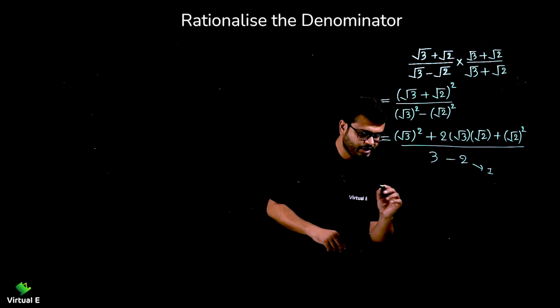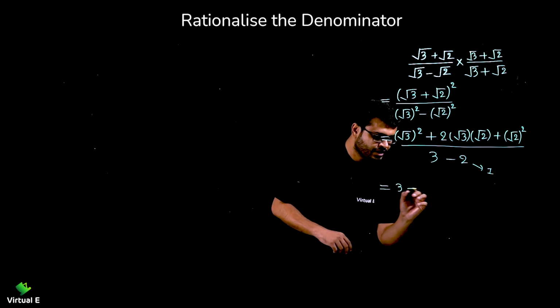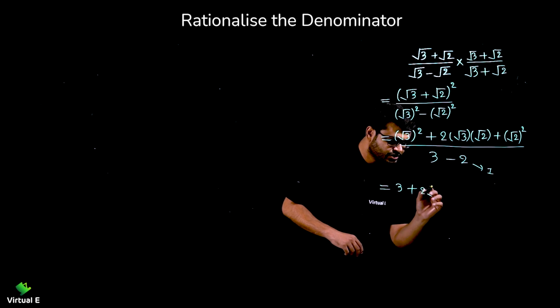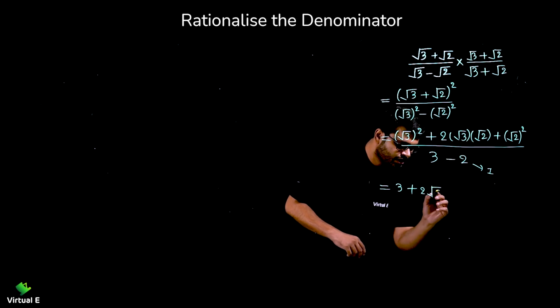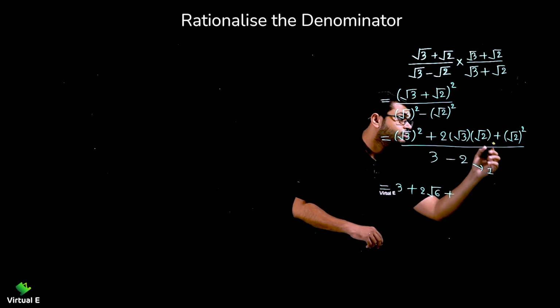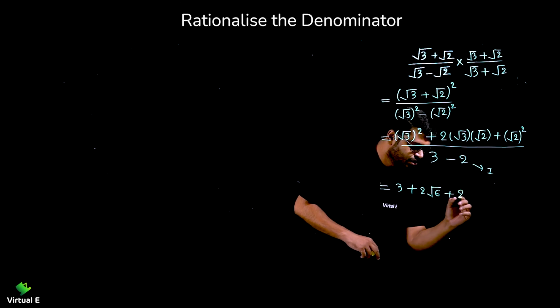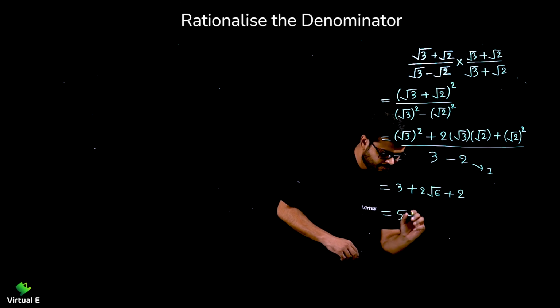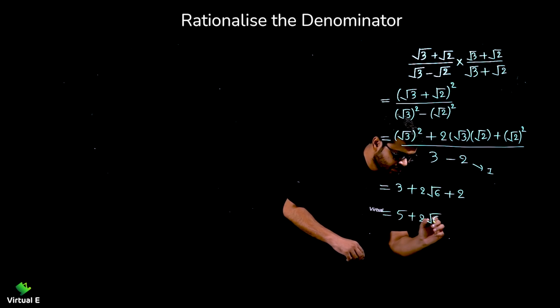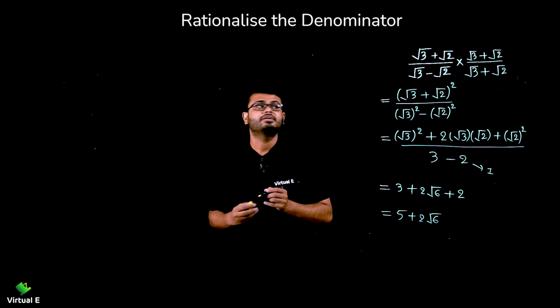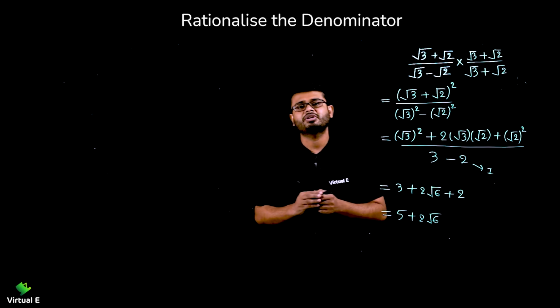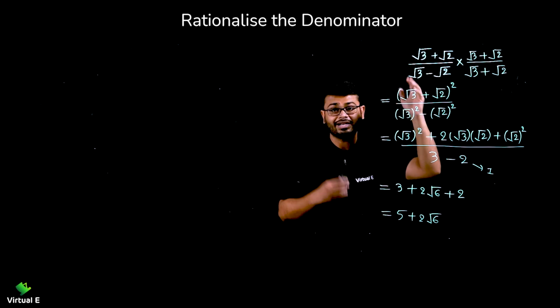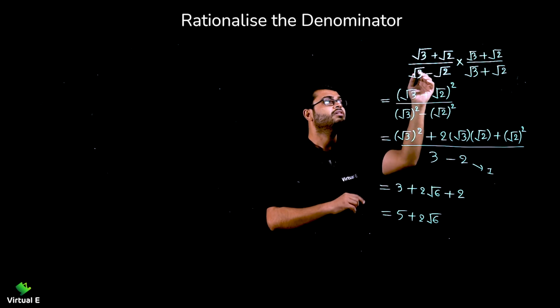Here let's write the numerator. Here it is 3 plus 2 and square root of 3 into 2, that is what? 6, plus square root of 2 square, that is 2 only. Now 3 plus 2, that is 5, plus 2 root 6. Very simple, right? We discussed this case because we have two terms in the numerator, that's the first time. So this is how we solve in this case.